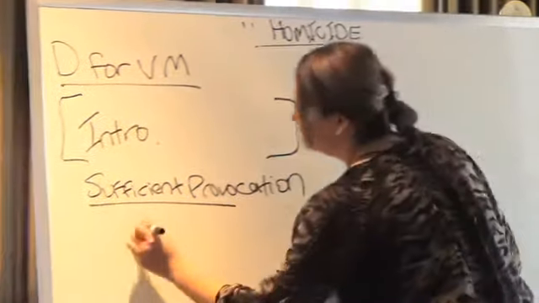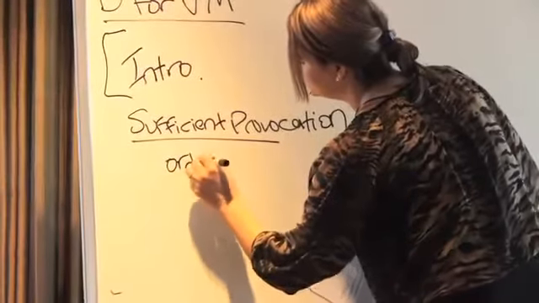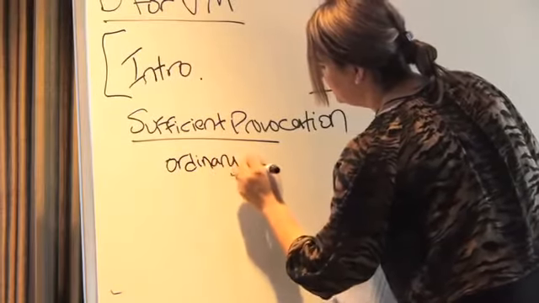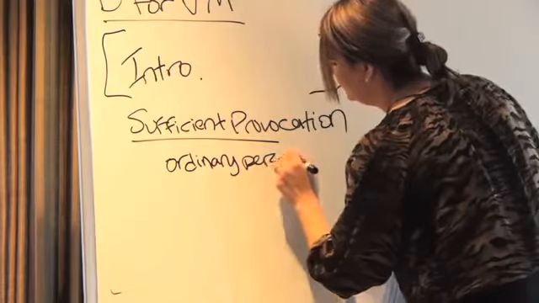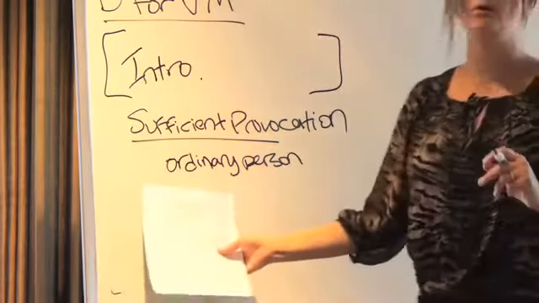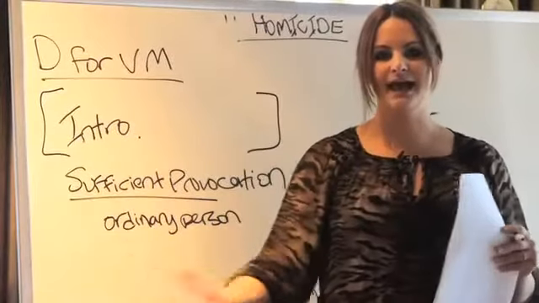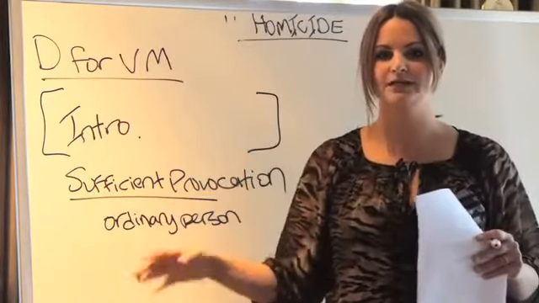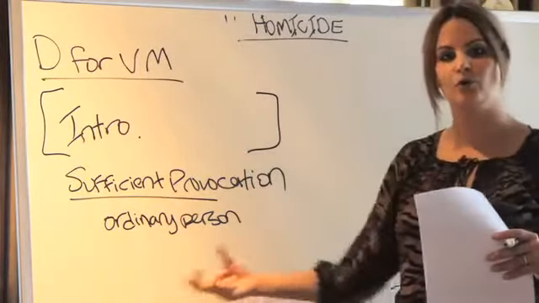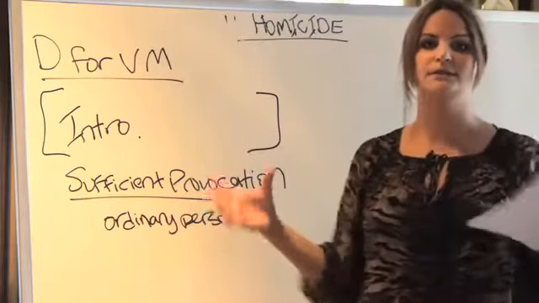So your standard is an ordinary person, me or you. Is what the defendant did what an ordinary person would have done? Are the acts that cause this potential provocation sufficient in the mind of an ordinary person to have lost it?